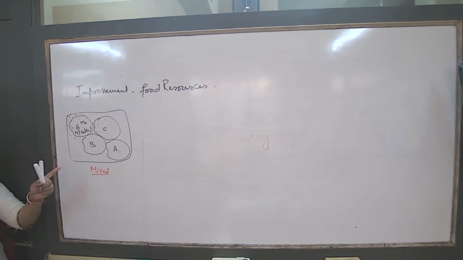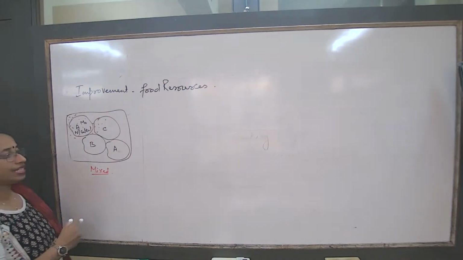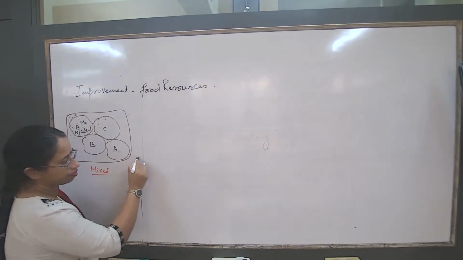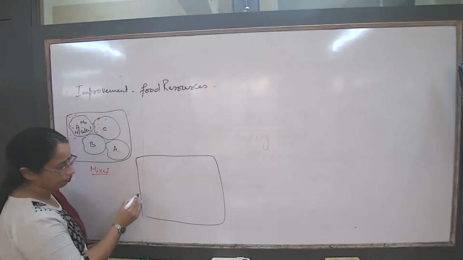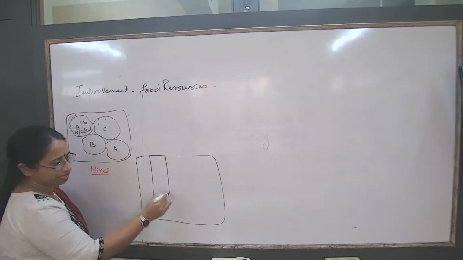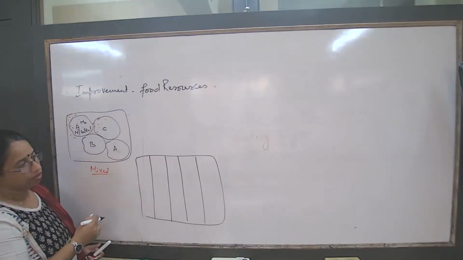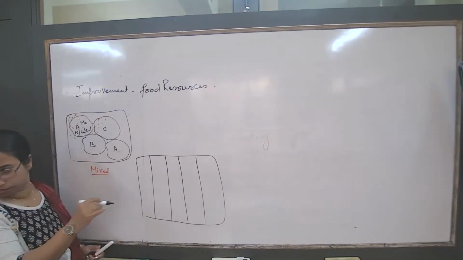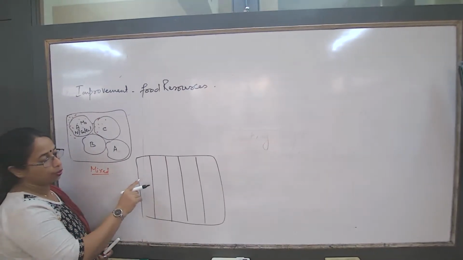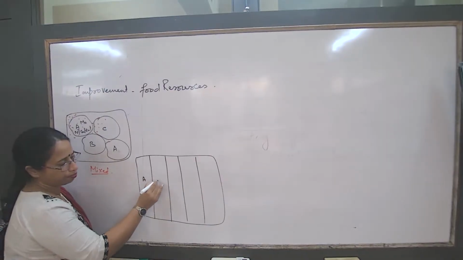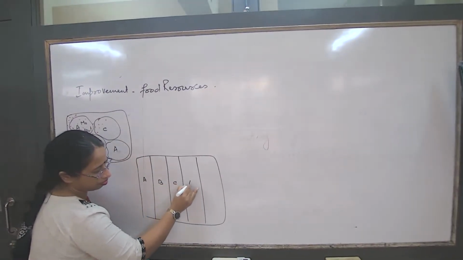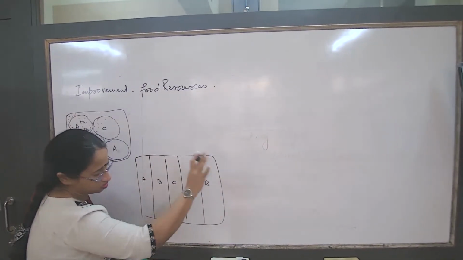Then something like mixed cropping, but better than mixed cropping. What is it? Intercropping. Intercropping is a much better method. So in intercropping, what would the concept be? The farmland is divided systematically into certain sequences like this, either this way or it can be oblique also. This is the first crop, this is the second, this is the third, this is the first, this is the second, this is the third.